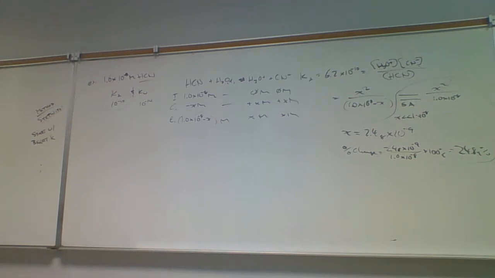Let's solve this. Well, automatically we can eliminate the negative. And so this is 2.19 times 10 to the minus 9.